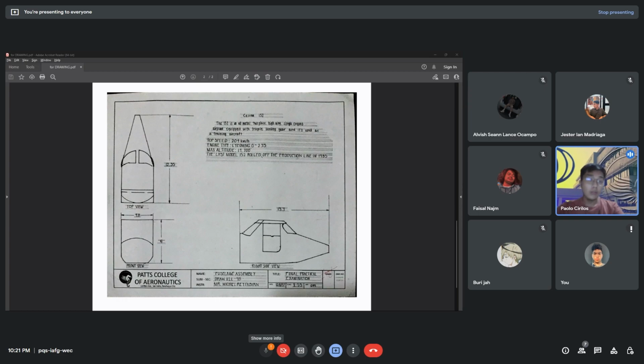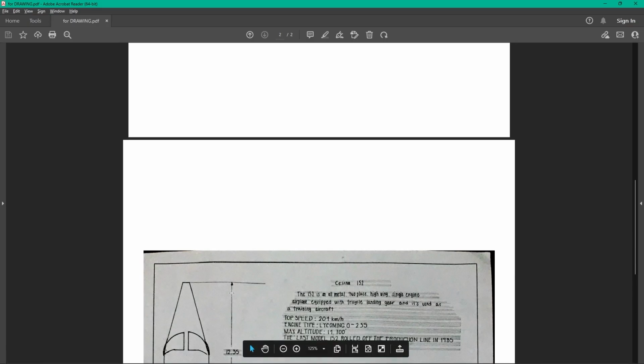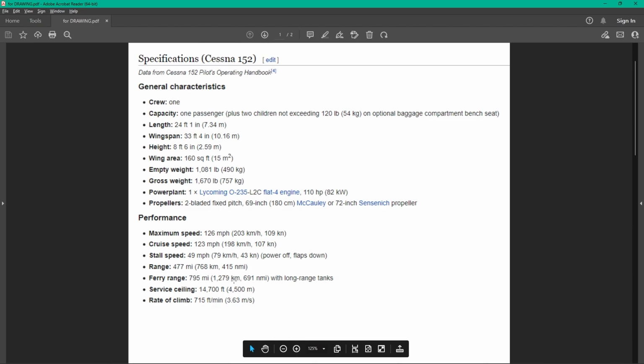The 152 was first delivered in 1977 as a 1978 model and quickly found its way into training and rental fleets around the world. But its production run ended a short 8 years later, when the bottom fell out of the Cessna piston aircraft market in 1985, and all production ceased and transitioned to making the Cessna 162.